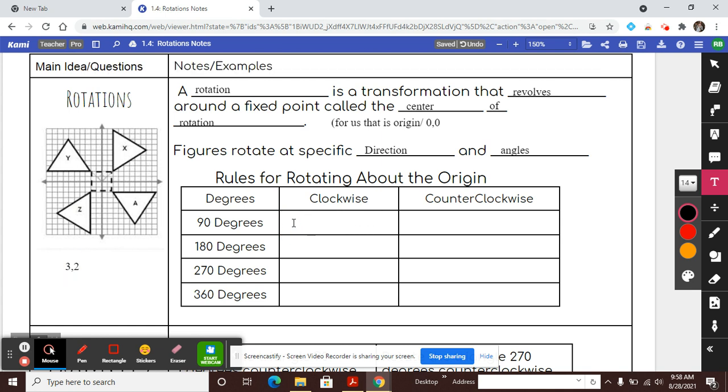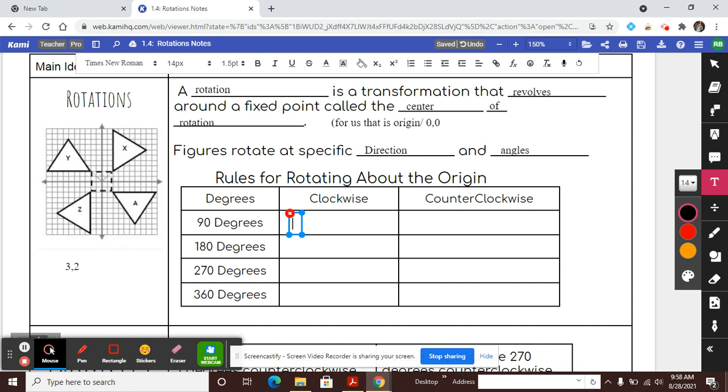So when we're talking about the rule, we're saying that if I go 90 degrees clockwise, which is the way a clock travels, so if I were starting with A, I'd be going this way, I'd be going to my right. So I'm going to make sure that I put that there. We're going to put that it goes one right. And you can see that if I were going 90 degrees, I'd go one right if I'm going clockwise.